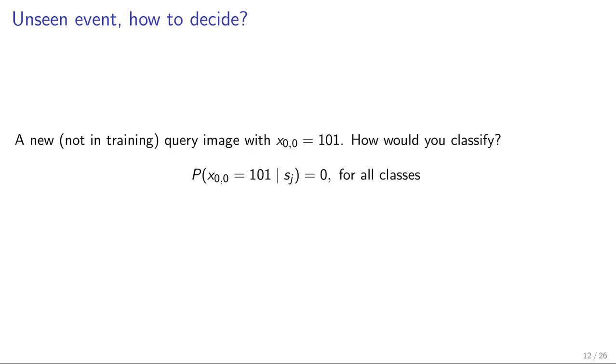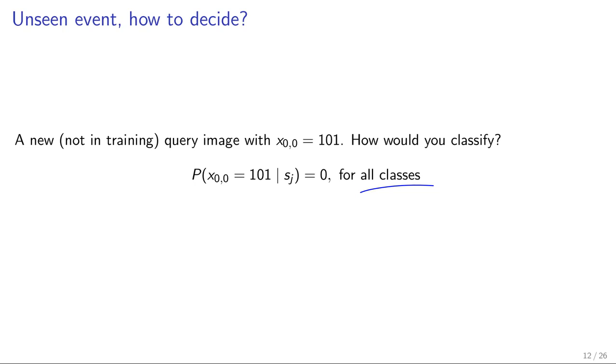So it means that this likelihood here for every class will be 0, right? Now, if you imagine how our classifier works, this is going to be a problem because it will just render all the.